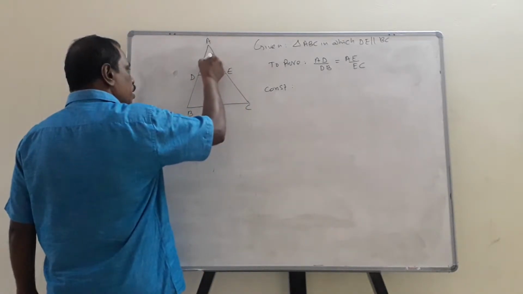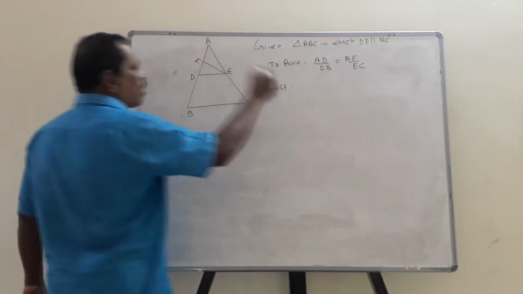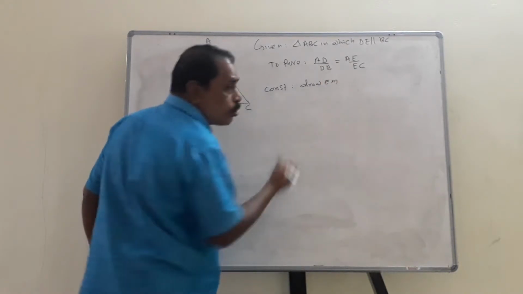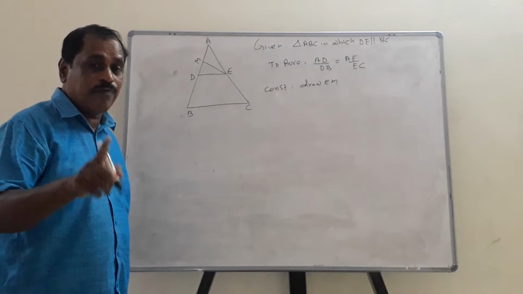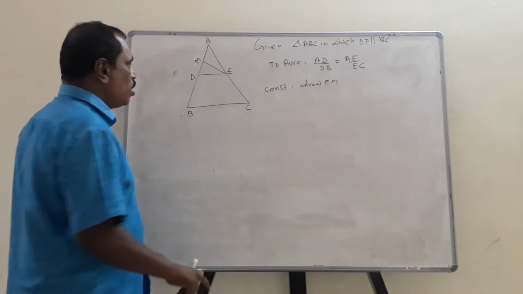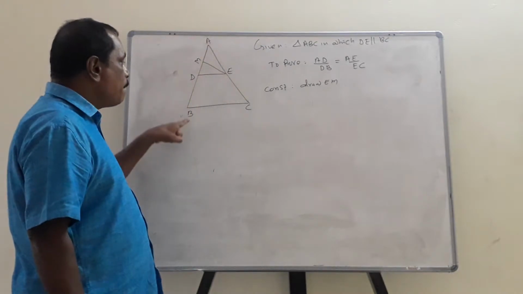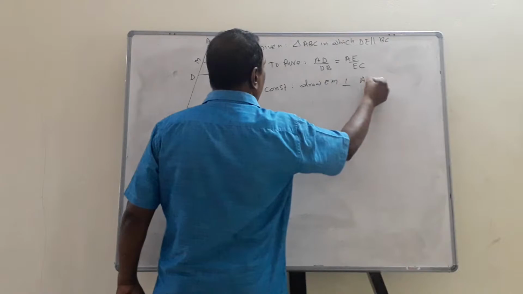Draw EM perpendicular to AB. We are going to use the area of a triangle. So area of a triangle, meaning we know, half into base into altitude. So altitude is required. That is why we are drawing EM perpendicular to AB.